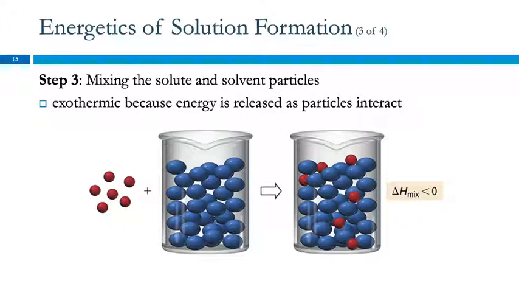This is a lot like the lattice energy, where we had our ions in an ionic compound coming together, and there's a lowering of energy, a release of energy when that occurs. So we call this delta H mix, the energy in mixing these 2 together. This is always going to be exothermic, because as the particles interact, they're going to release energy. So we have 2 steps that require us to put energy in, and 1 step that gives energy back.